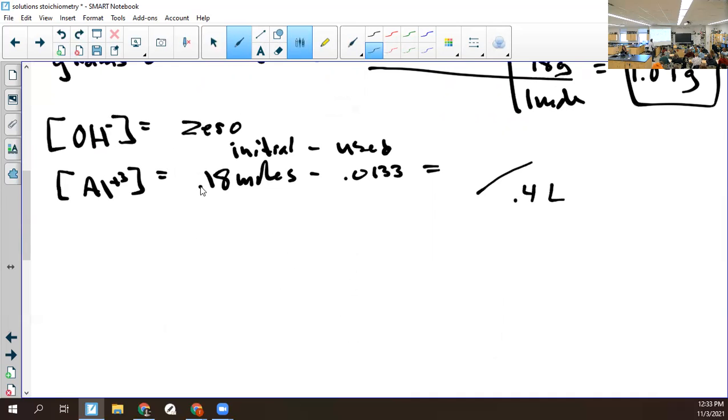So what was 0.18 minus 0.0133? Anyone still have that in their calculator? And divide that by 0.4, and I get, right?